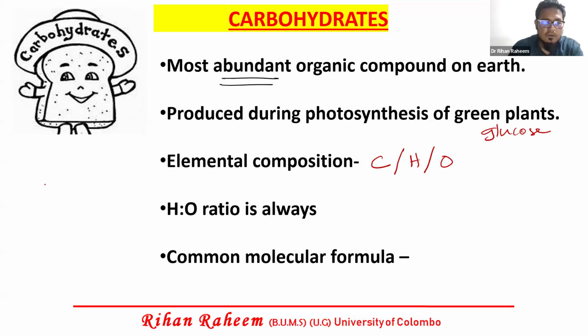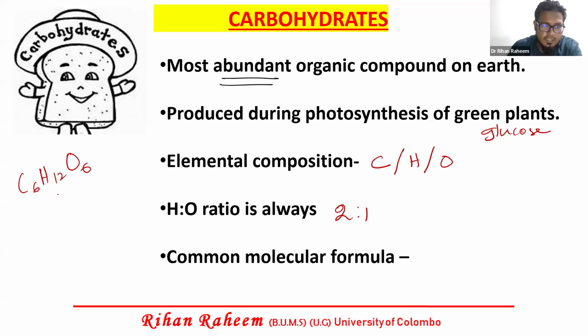What is the glucose chemical formula? C6H12O6. 6 carbons, 12 hydrogens, 6 oxygen. So, element-wise, carbon, hydrogen, oxygen only is there. Then hydrogen to oxygen ratio is always 2:1. The hydrogen and oxygen ratio in all the carbohydrate will always be 2:1.